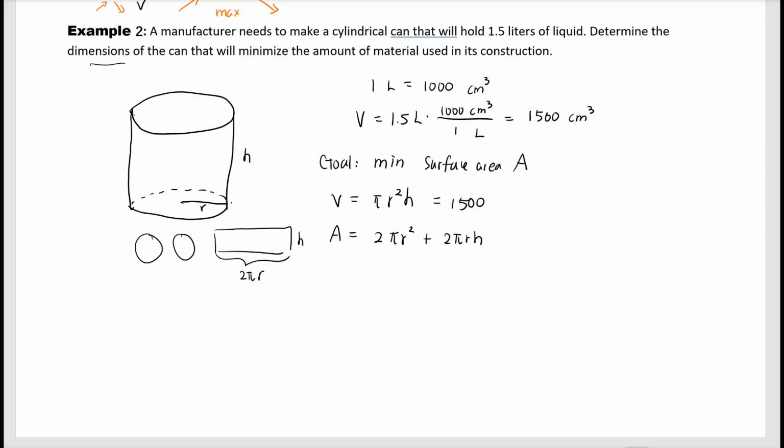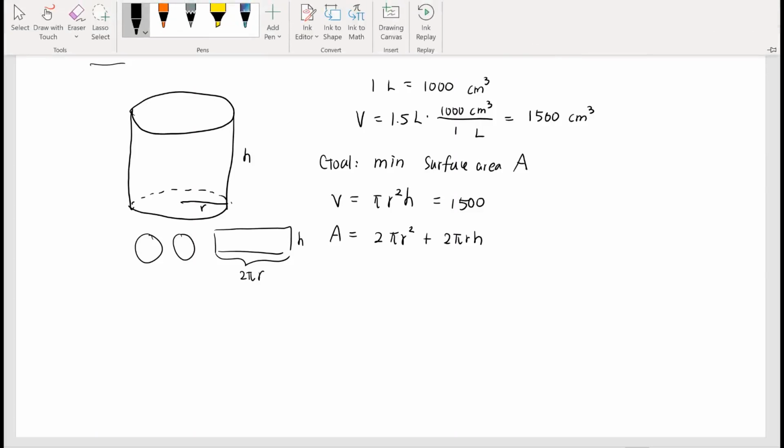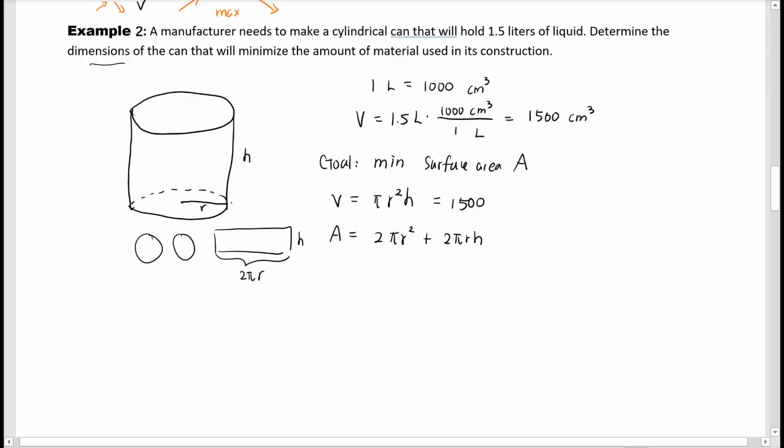Well, here we have, A is a function of 2 variables. So we need to eliminate one of the variables so that we have a function of 1 variable. But how do we do it? Well, we can use this formula, right? Question: do you want to express h in terms of r, or you want to express r in terms of h?